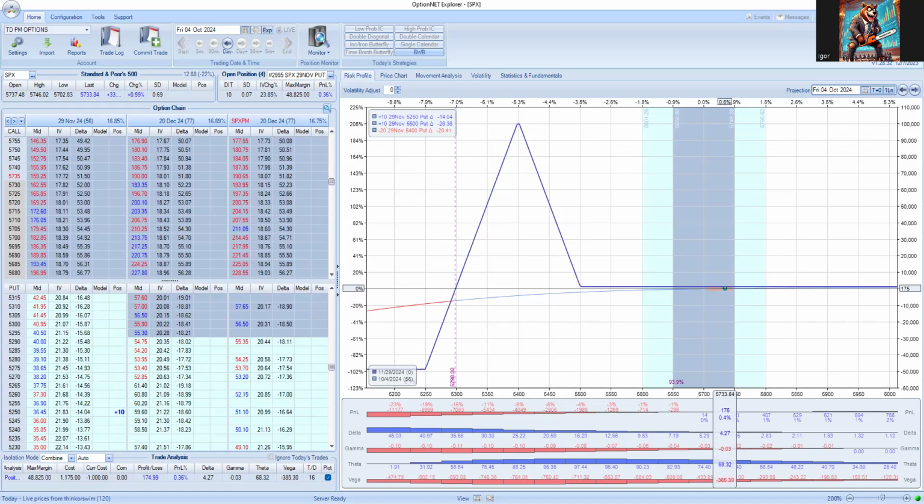The directional risk is very minimal, at the very least when we start the trade. Then as this trade develops and we get closer to expiration, since we have negative gamma, we are going to be a lot more sensitive to price changes, but that's in the later stages of this trade.